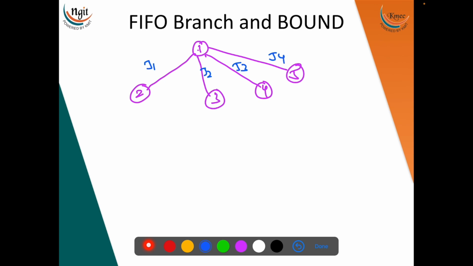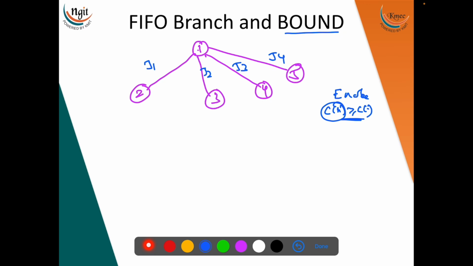Now, which node do I have to explore? This is the biggest question in branch and bound. Branch and bound says that you can make E nodes, and you'll use the bound function when C of X is greater than or equal to the cost function of 1. If it is greater, then we'll kill this node and go to the other node.